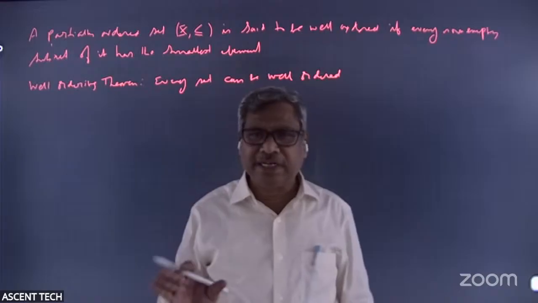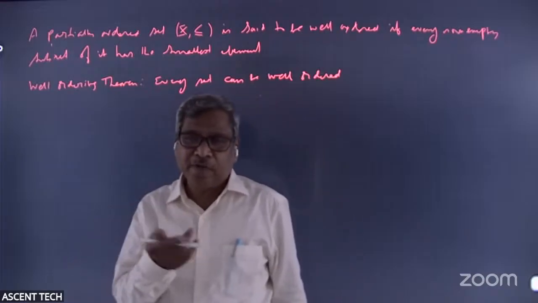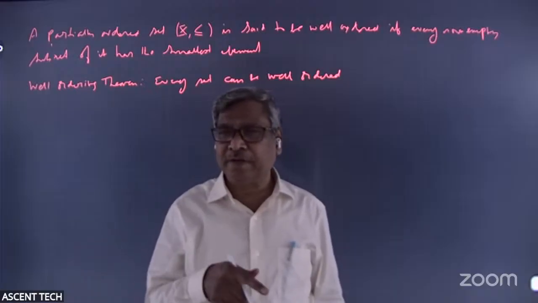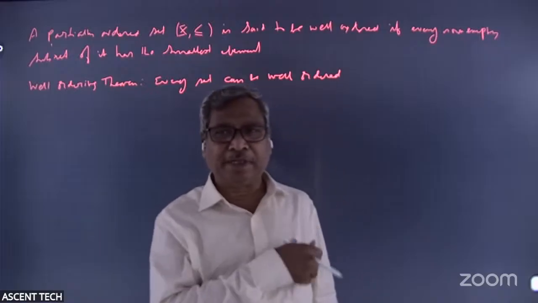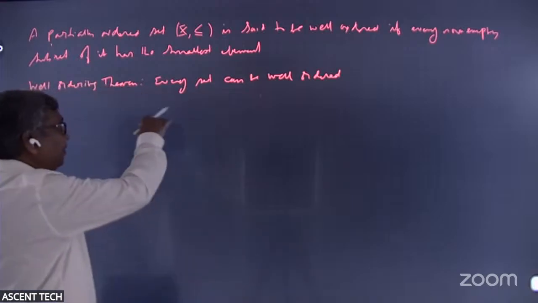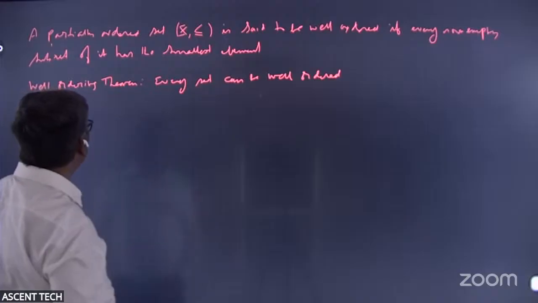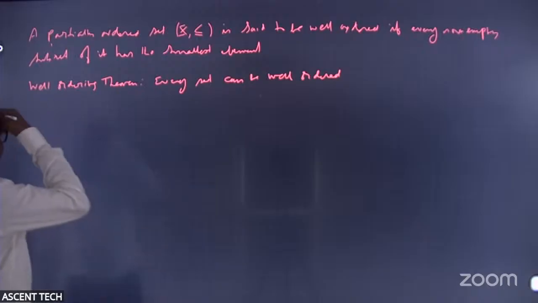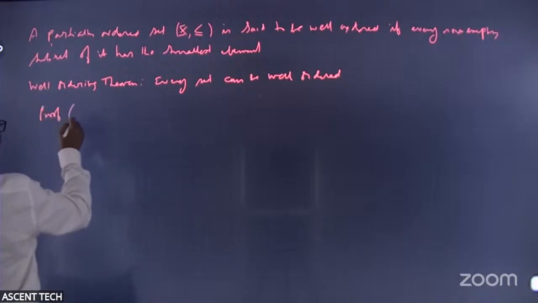On every set, you can introduce an appropriate ordering with respect to which every non-empty subset of it will have the smallest element, which is really a surprising theorem, but that is true. Every set can be well ordered. We can prove it easily. There's a proof using Zorn's lemma.